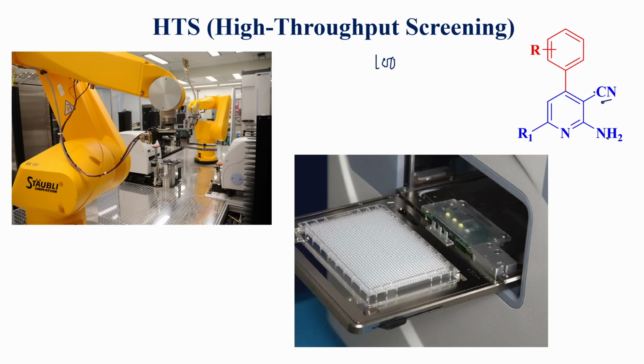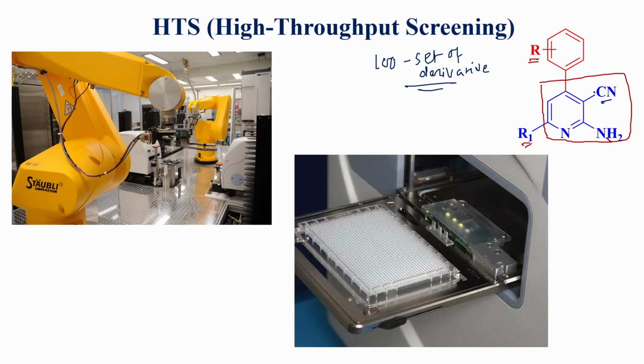Let's suppose we have prepared 100 compounds, a set of derivatives of this compound. This portion will remain the same, and we just change the R with many such functional groups.